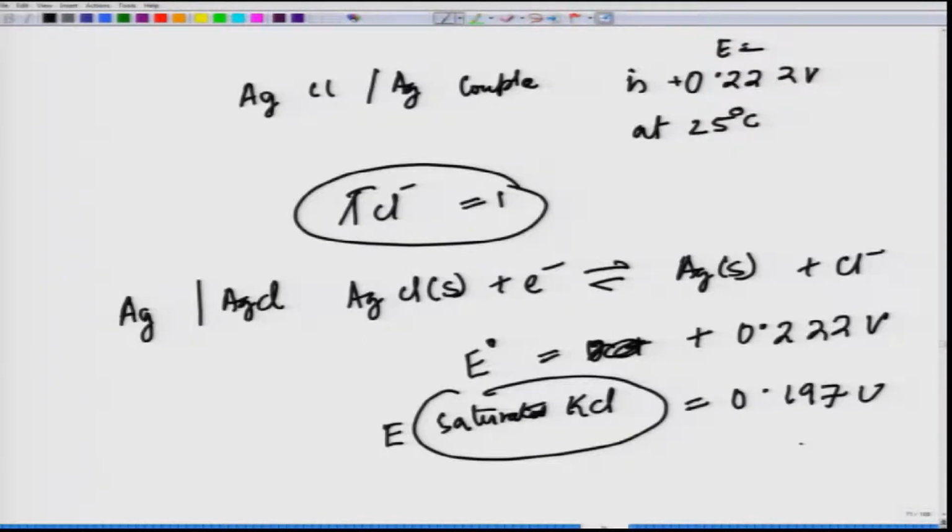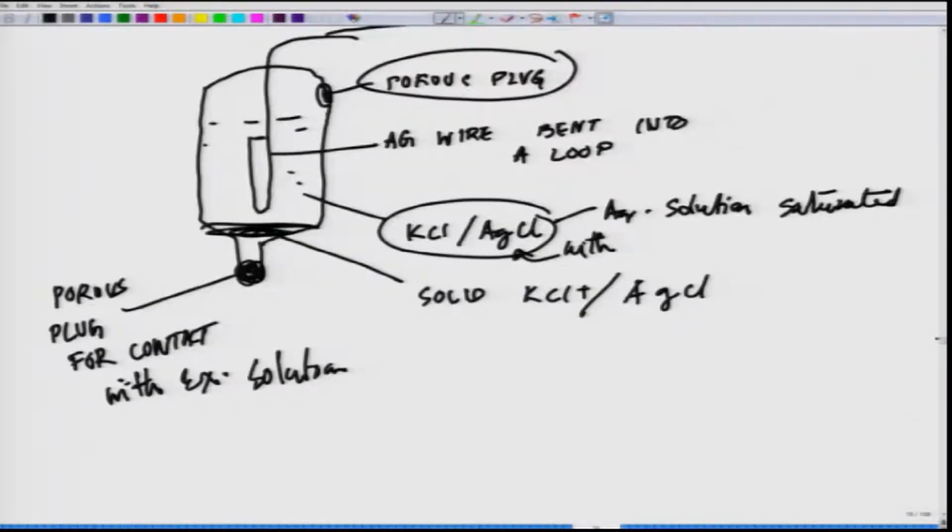The problem with a reference electrode is that the porous plug becomes clogged. Okay. So, these are some of the practical problems you will come across. This plug is getting clogged. There are clogging problems, thus causing sluggish, unstable electrical response.